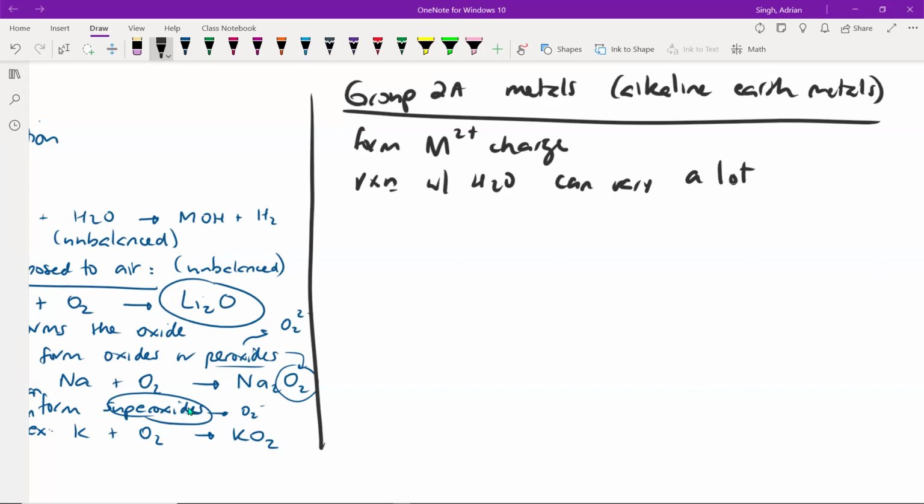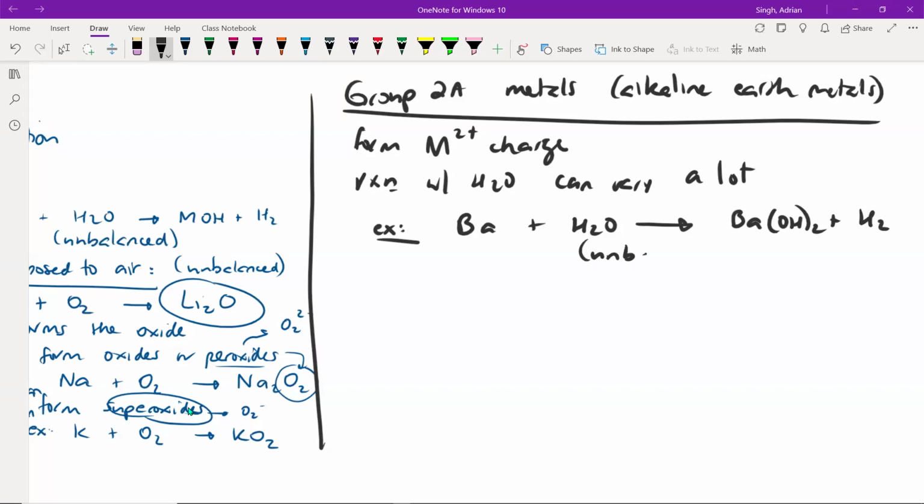So when they do react, for example, let's do barium. So barium can react with H2O. And again, we're going to get something similar as with the group 1 metals. We're also going to form the hydroxides. So we end up with barium hydroxide, Ba(OH)2. Then we also liberate hydrogen as one of the products.